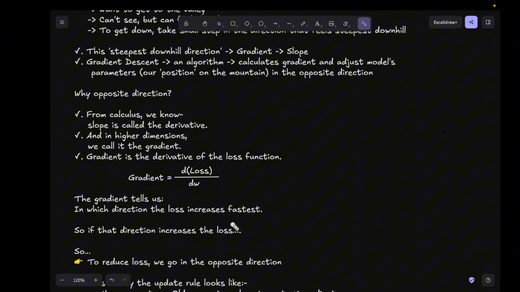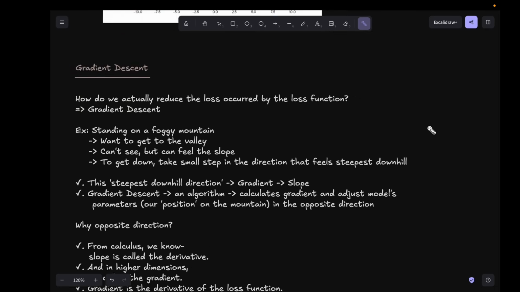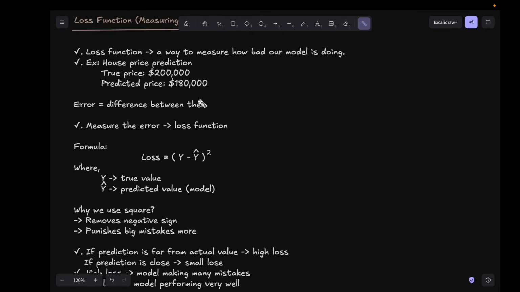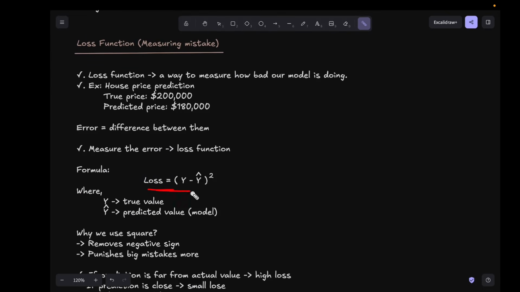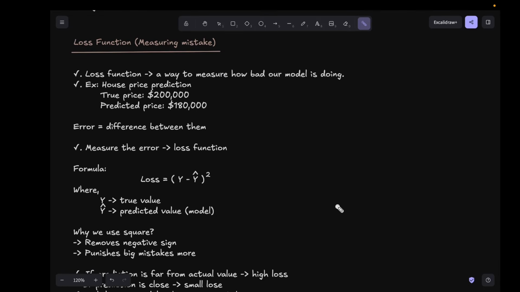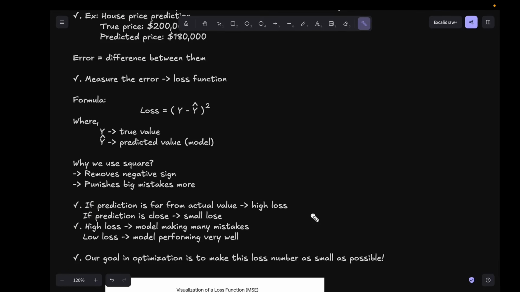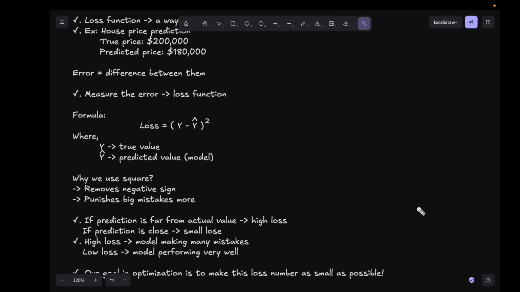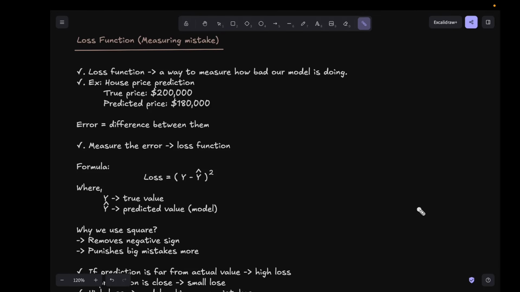If the loss function increases, the model has a big error, and if the model has a bigger error, there will be high loss and the model makes many mistakes. So we want to reduce these losses.